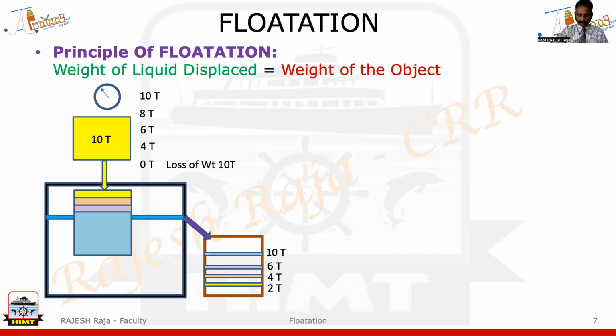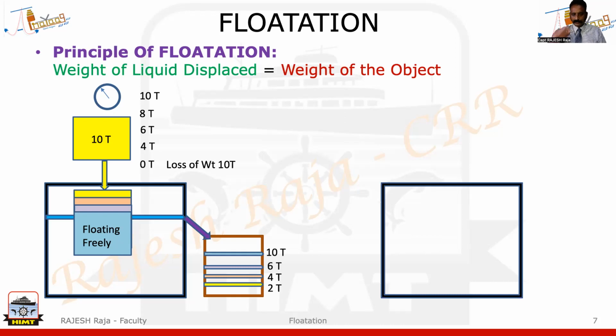That means I'm floating freely. Now I can remove the hook from the crane. I can just remove it and this body will float freely. A floating body feels weightless because it has displaced an amount of water equal to its own weight. So that is the last part of this experiment, which says loss of weight is 10 tons. And when you measure the overflow tank also, it is 10 tons.